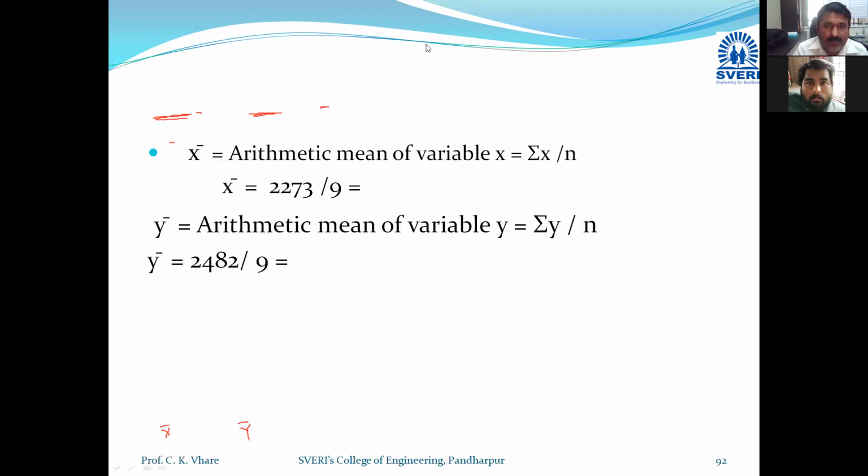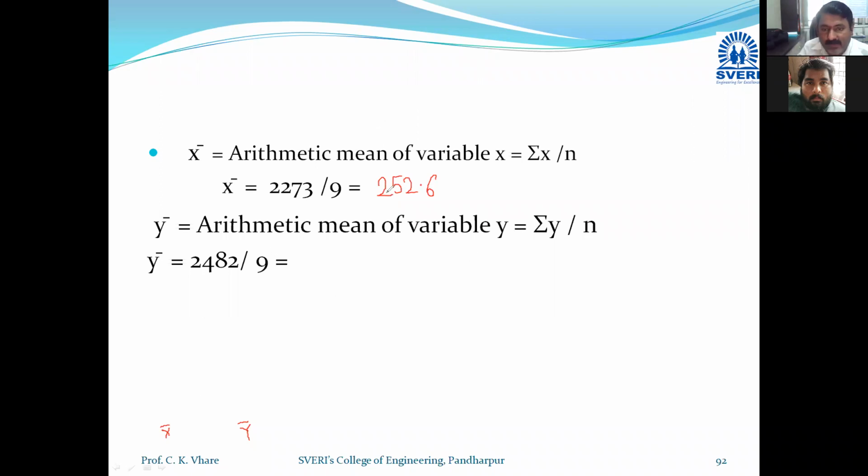Let us go for the calculation of the arithmetic mean of all the variables. The sum is already there, 2279 divided by 9. I will calculate this value, and the X bar you will get is 252.6.